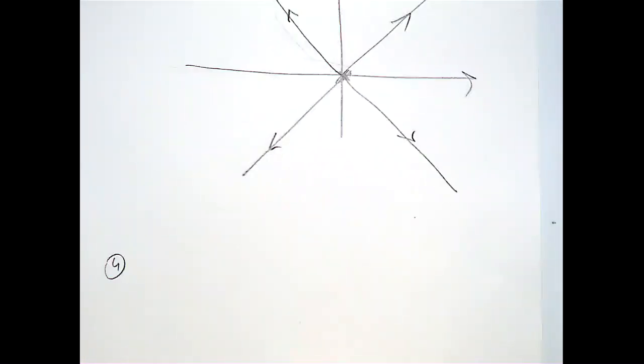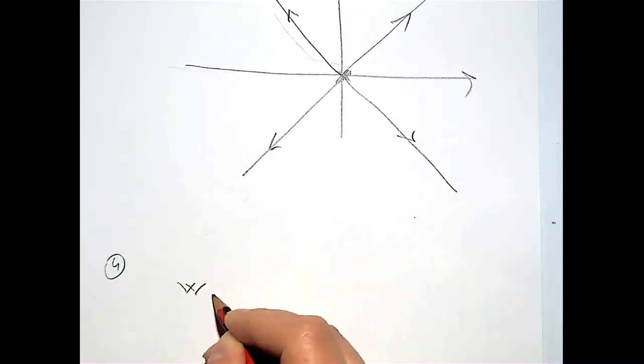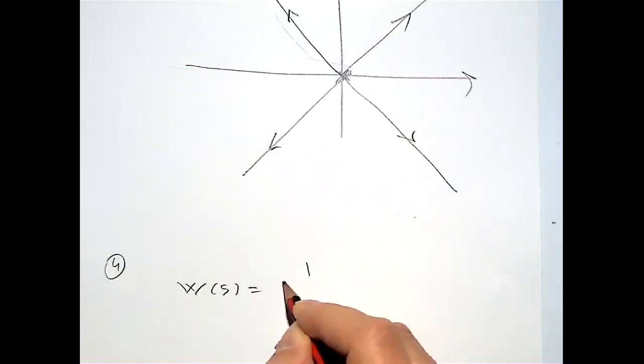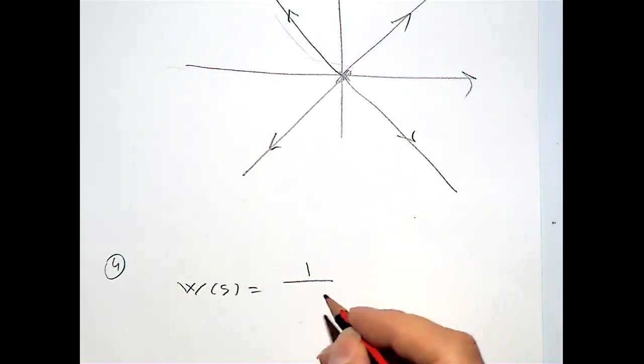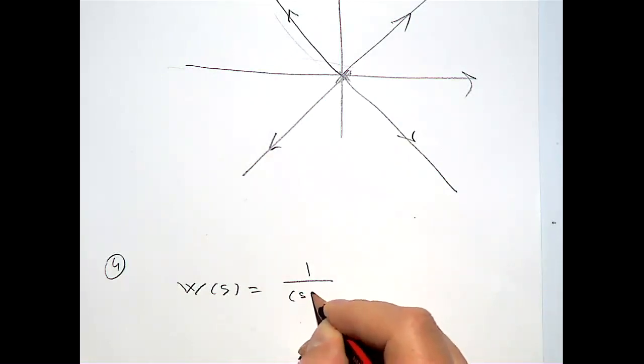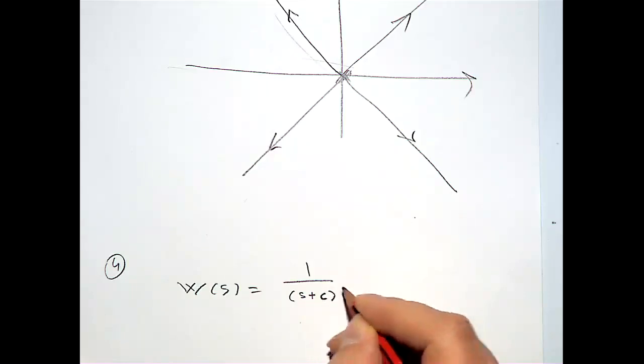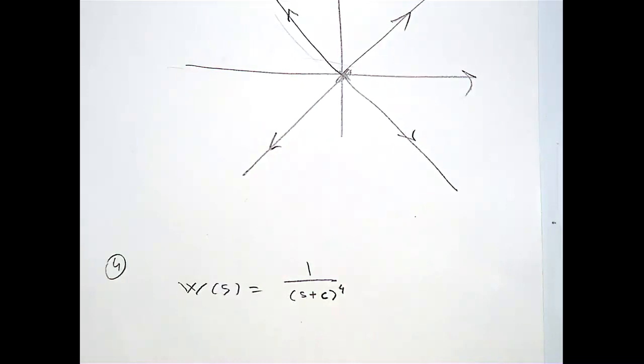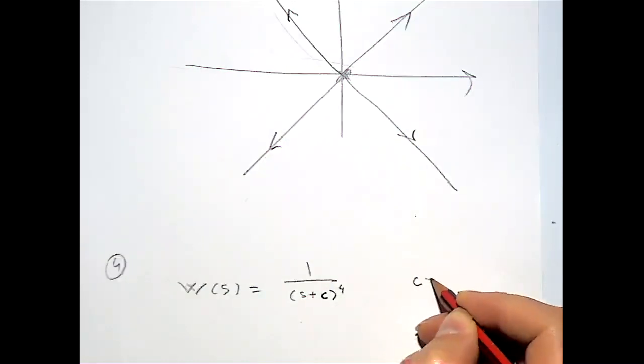Let's consider the fourth simple example. How about the case where W of S is 1 divided by S plus some C to power 4. And I'm saying here, let's suppose that this C is positive.